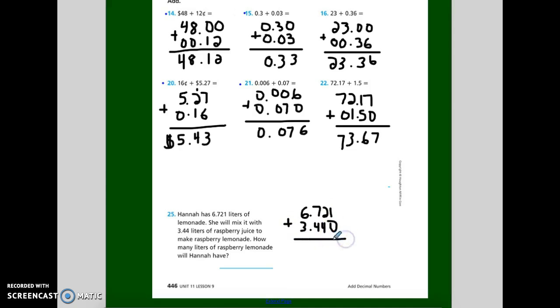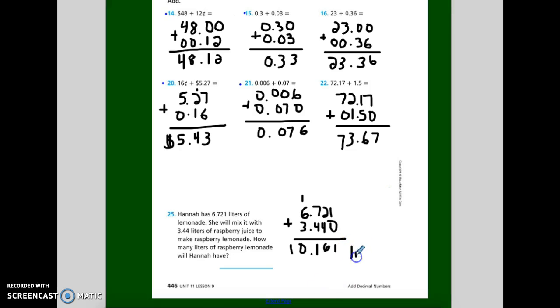So 1 plus 0 is 1. 4 plus 2 is 6. 7, 8, 9, 10, 11. So we have a 1, and I'm going to carry a 1. 6, 7, 8, 9, 10. So I added up, and I forgot to bring down my decimal there, with 10 and 161 thousandths liters. And I want to make sure I label it liters.